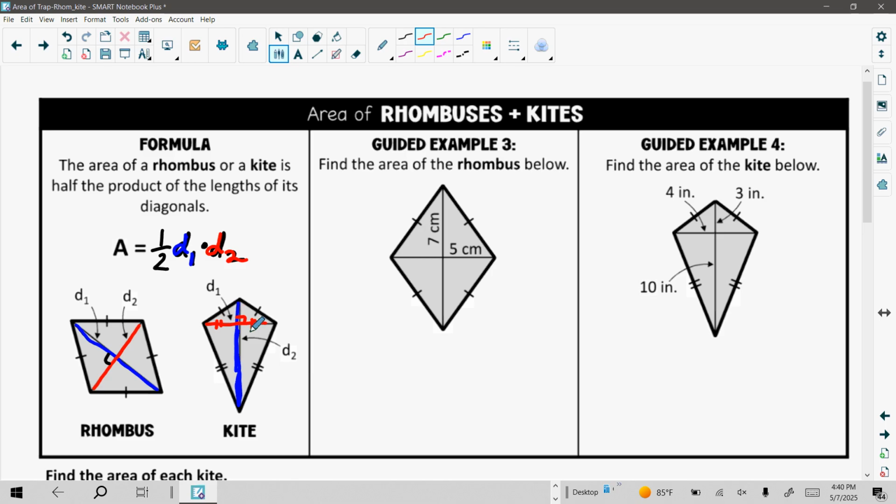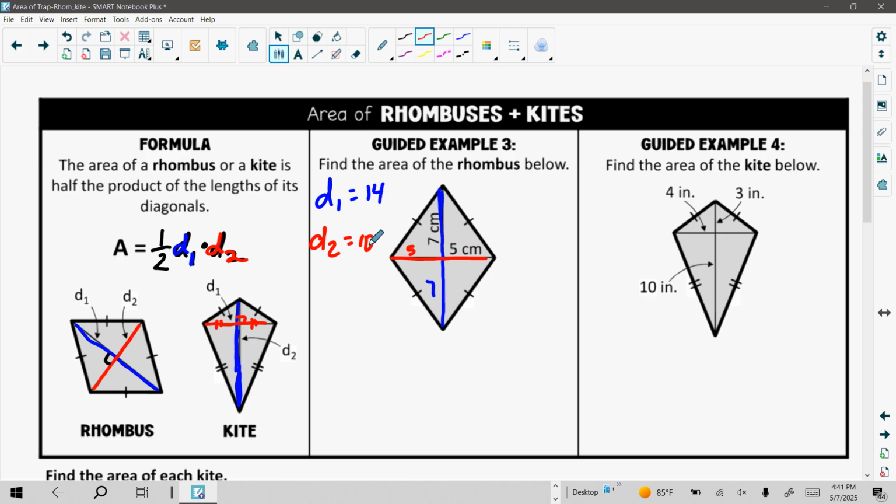So if I look at this example 3, this 7 that they have is indicating this piece here. So I have to double it to get the long diagonal. So my diagonal 1 is going to be 14. To get the short diagonal, see we have that 5, so it's 5 on the other side.